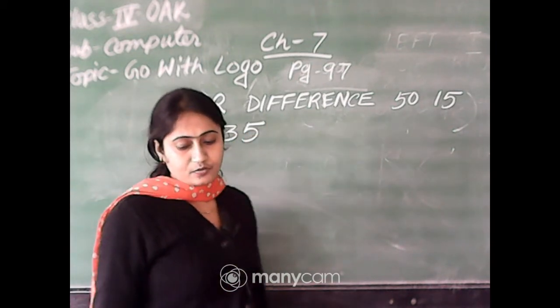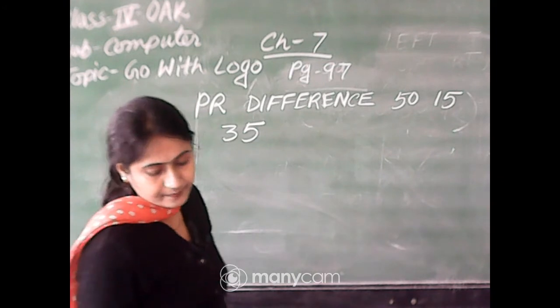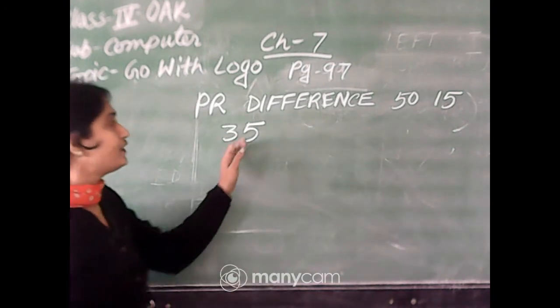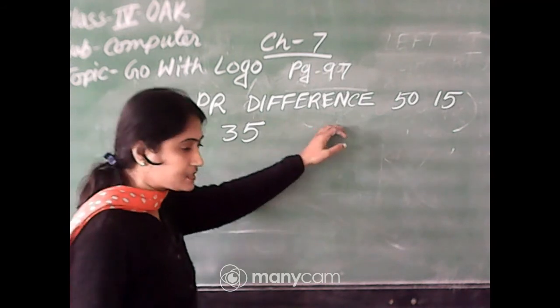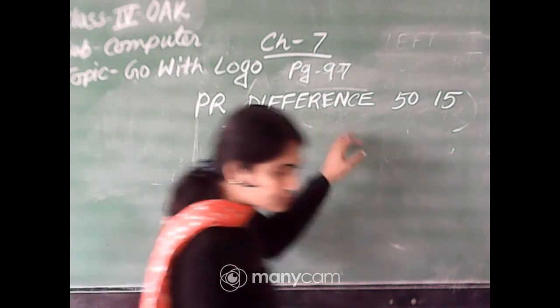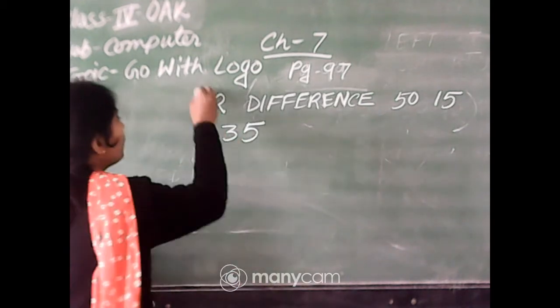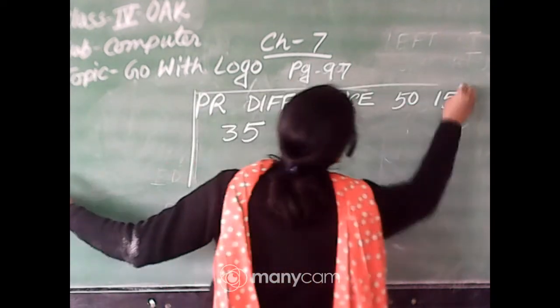You can see the output 35. Now for the difference, we subtract two numbers, not more than two numbers. The answer 35 you can see in the command window.